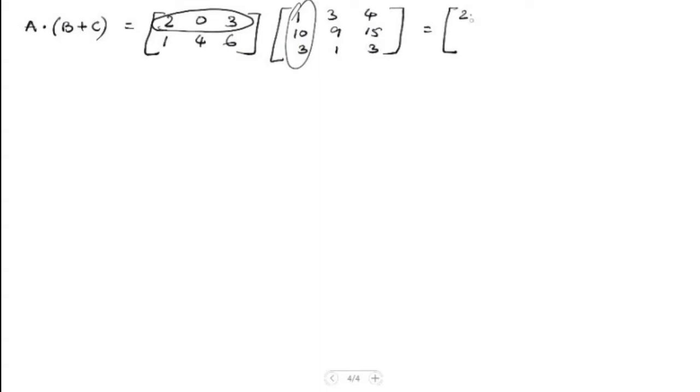So we have 2 times 1, so the first element with the first element there. So 2 times 1 plus 0 times 10 plus we have 3 times 3. Again, I think I'll fall short of space, so I shouldn't have written it there.